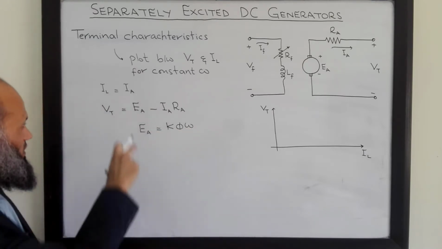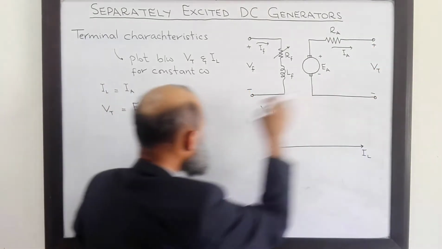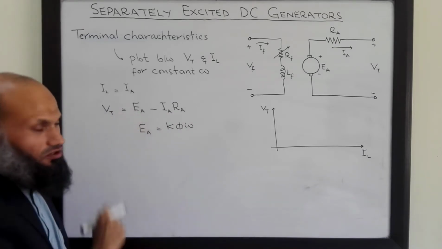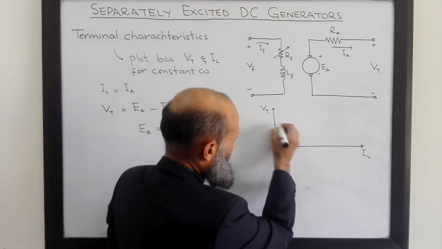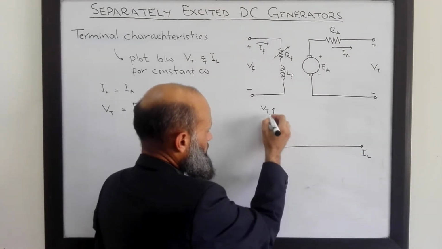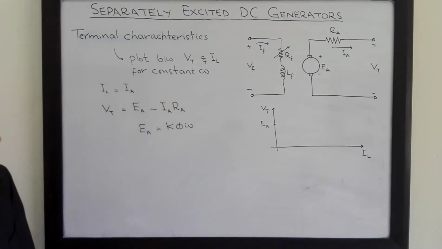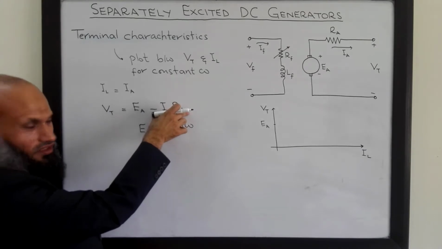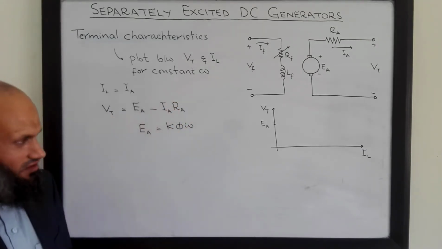It is constant, and at no load, that is when no electrical load is connected to the generator, IA will be 0. At no load, when IL is 0, terminal voltage will be simply equal to EA. And as load current increases, this drop will increase, and this difference, that is the terminal voltage, will decrease.